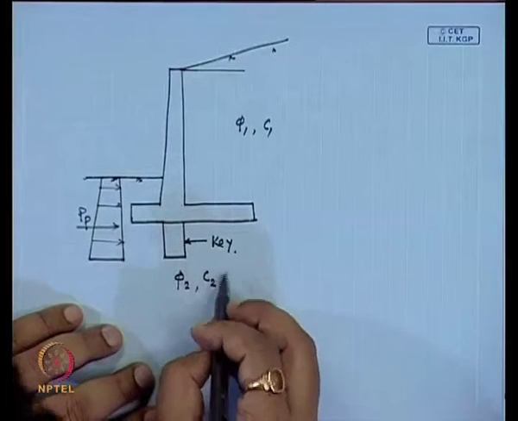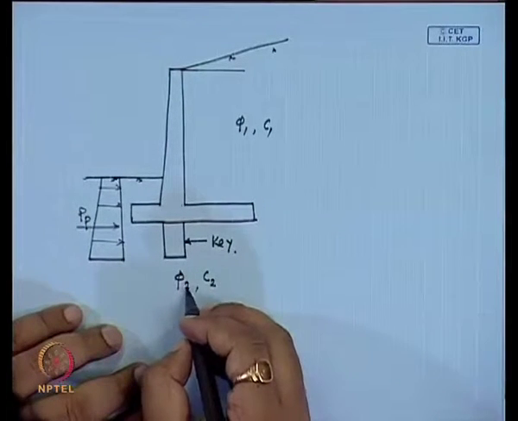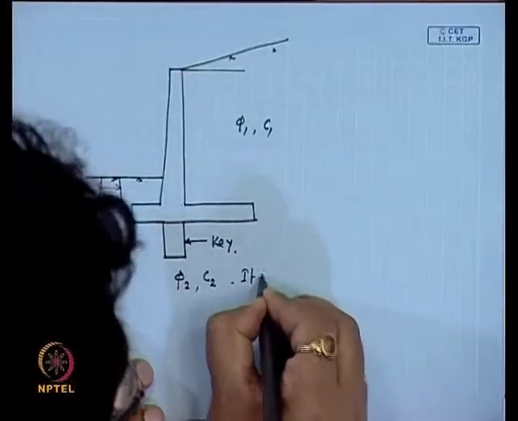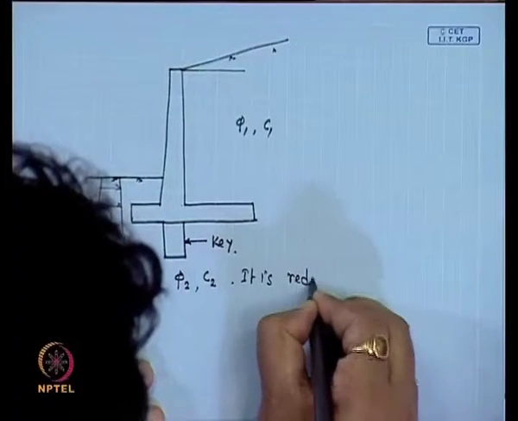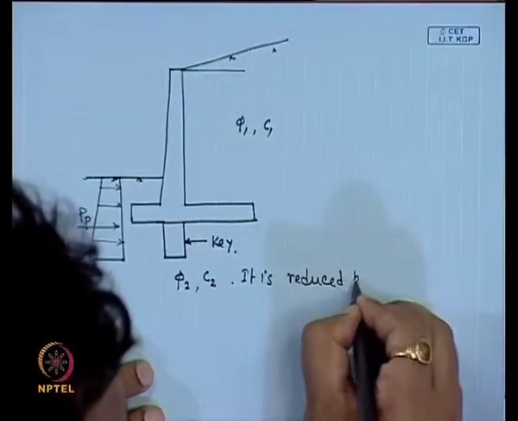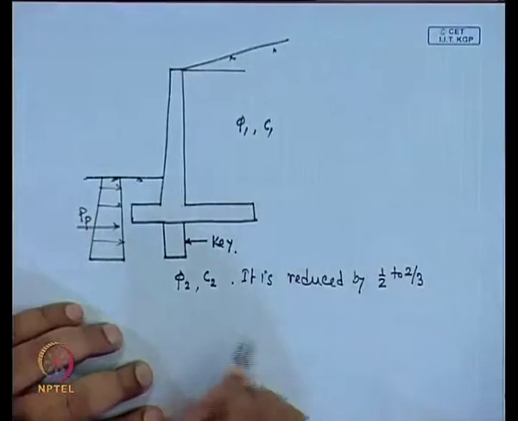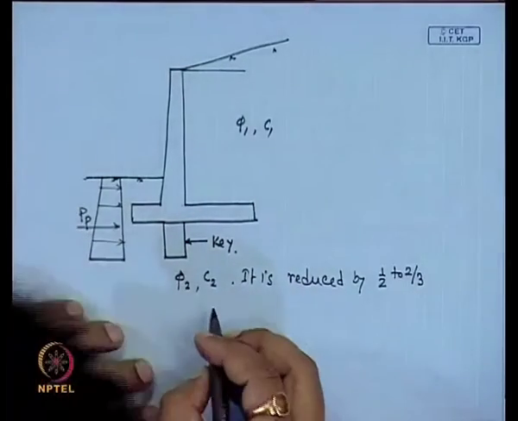In the situation when a key is used, instead of taking full phi 2 and C 2, generally it is reduced by half to 2/3 of the value for extra safety.